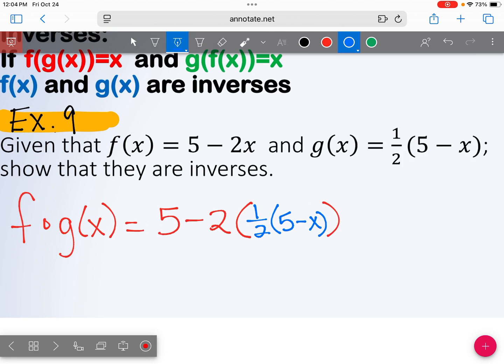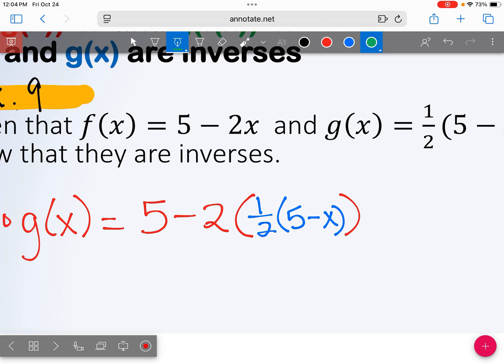We could distribute the 1/2, or we could just multiply these 2 and get rid of the 1/2. Okay. So if I multiply to get rid of the 1/2, it's not going to get rid of that minus. So I'm going to keep that minus there for now. But it will get rid of the 1/2, so I'll have 5 minus x.